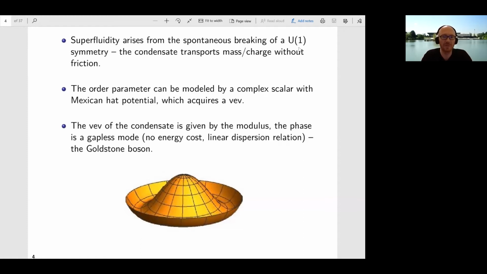Of course, this is some kind of effective description that needs to emerge from the more macroscopic model that you want to study. Now, in this complex scalar, the VEV of the condensate is given by the modulus, and the phase is a gapless mode. What this means is that you can excite it without energy cost. It has a linear dispersion relation, and this is the Goldstone boson that arises due to the spontaneous breaking of a symmetry.